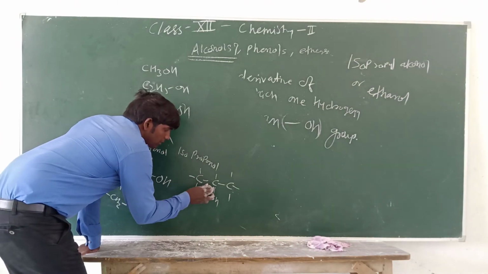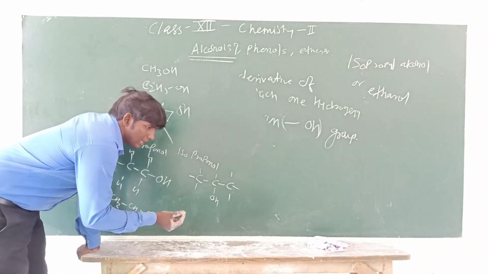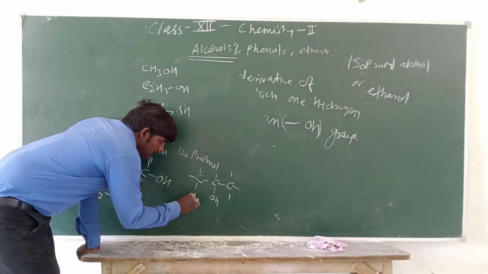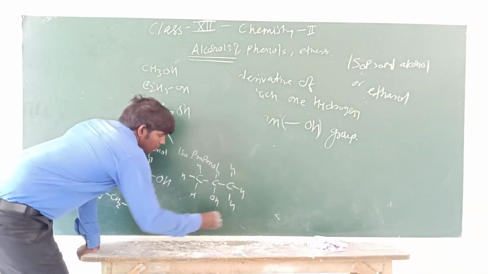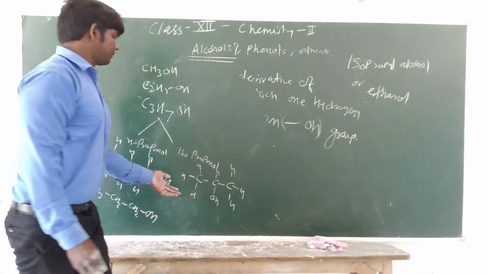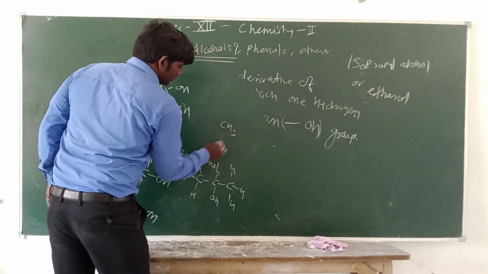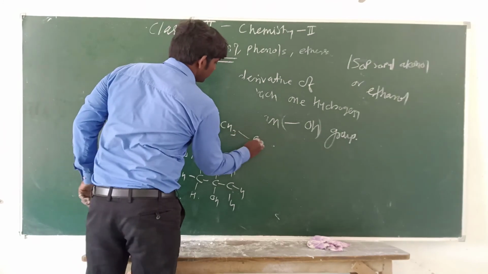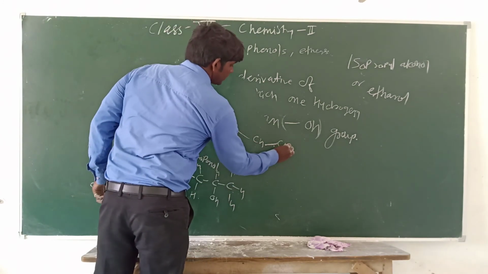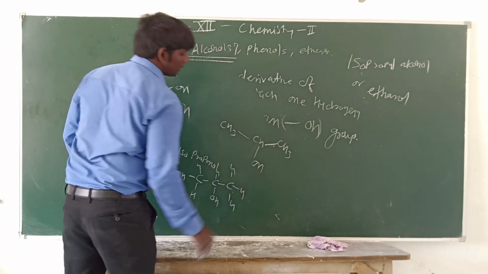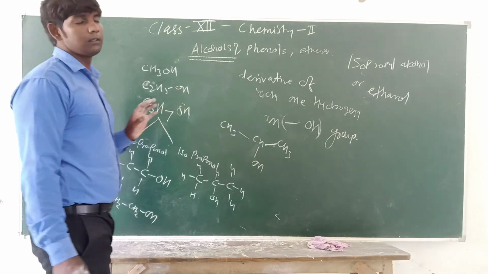And on all the left-over bonds we write hydrogens. So in normal form, this is CH3, this is CH, and this is CH3 and hydroxyl. You can see this is isopropyl alcohol, okay.